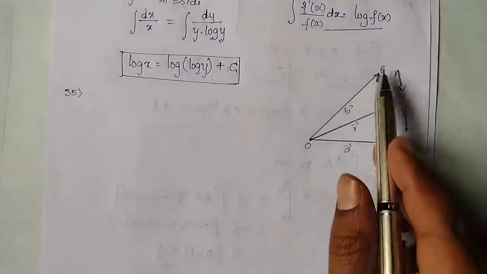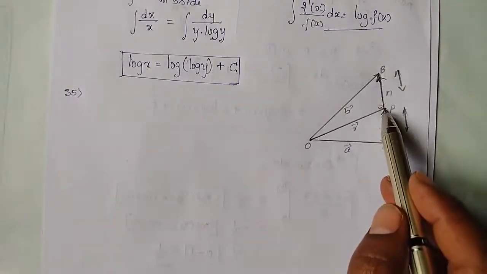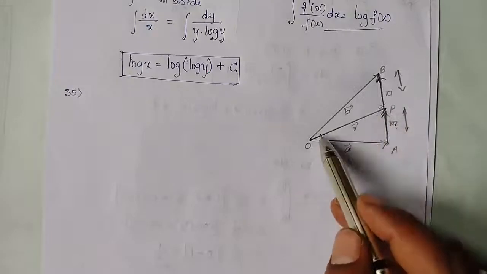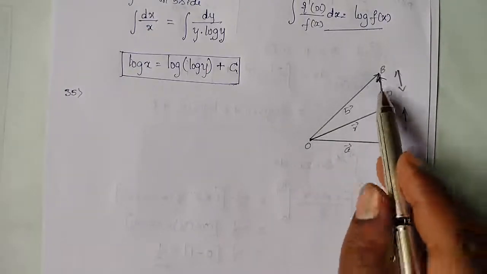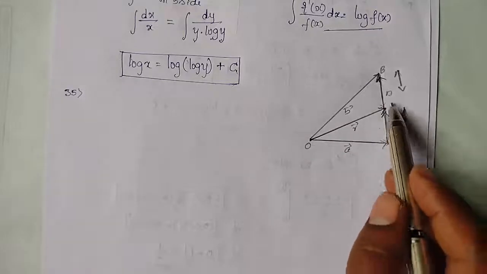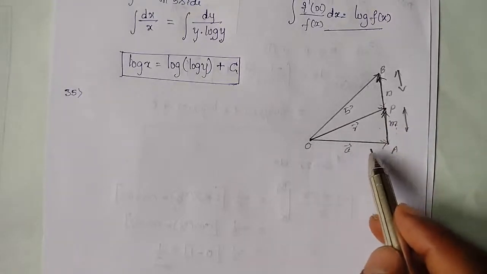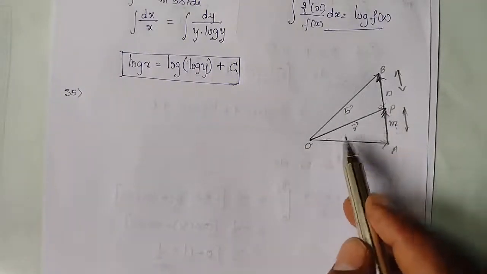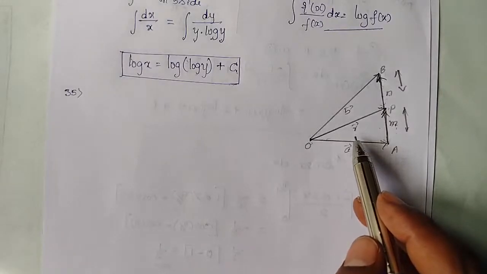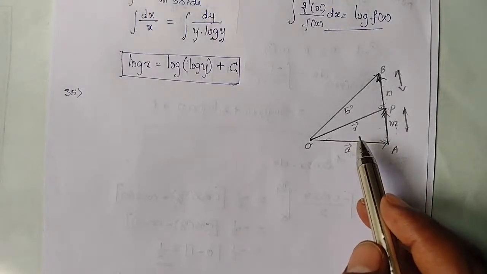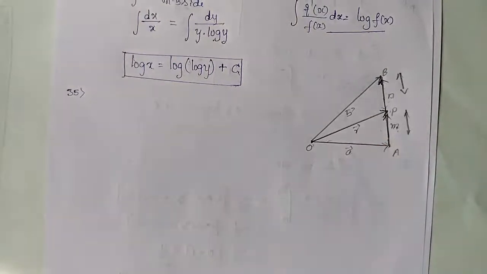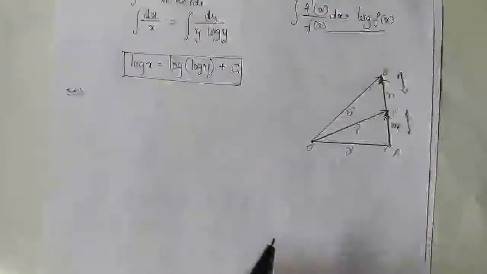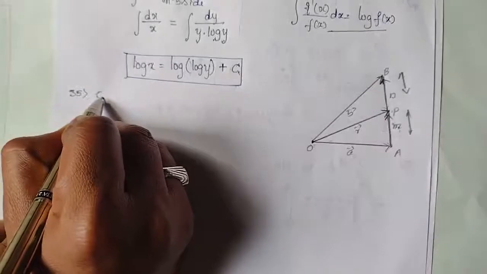Here AB is the line, and P is the point which divides the line segment AB in the ratio m is to n. Here OA is the position vector a, OB is the position vector b, and OP is the position vector r. By taking all these explanations, we take the consideration.